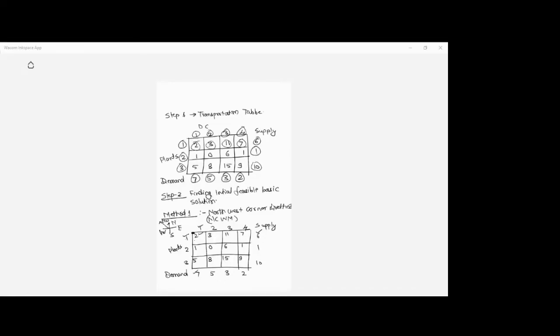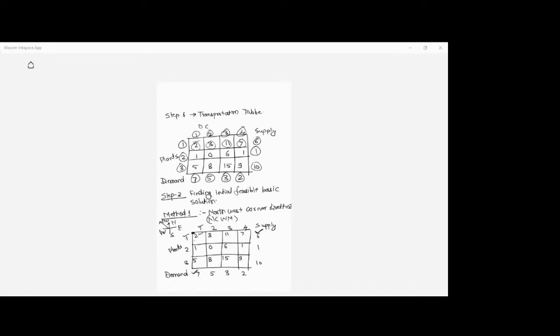Now we are going to allocate the maximum possible value in the northwest corner cell that we have selected. We have the supply of 6 by plant 1, and the demand is 7.